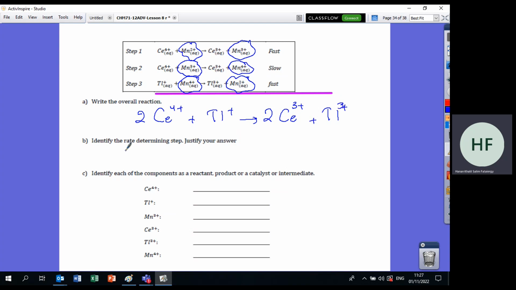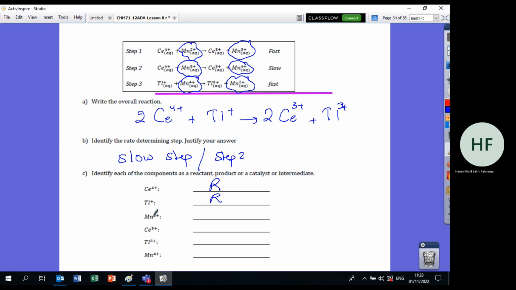Okay, the rate determining step of course is the slow step, which is step 2. Now I need to tell if each one is a reactant or a product or a catalyst or intermediate. Pause the video and answer. Be careful, Mn plus 2 is cancelled in the beginning and at the end. So this is a catalyst.